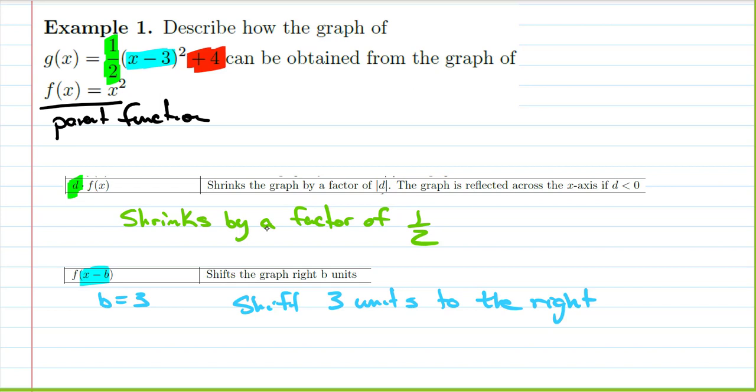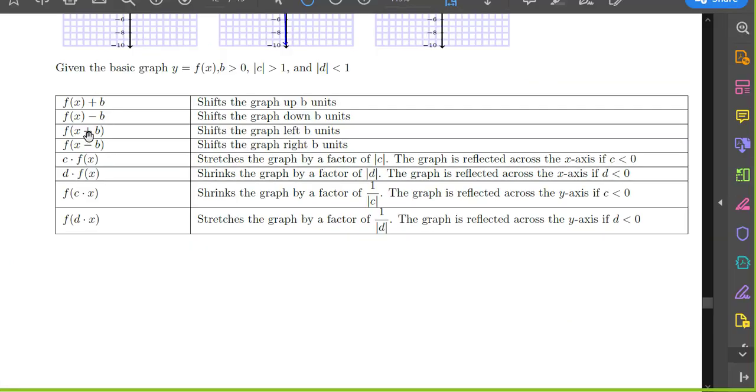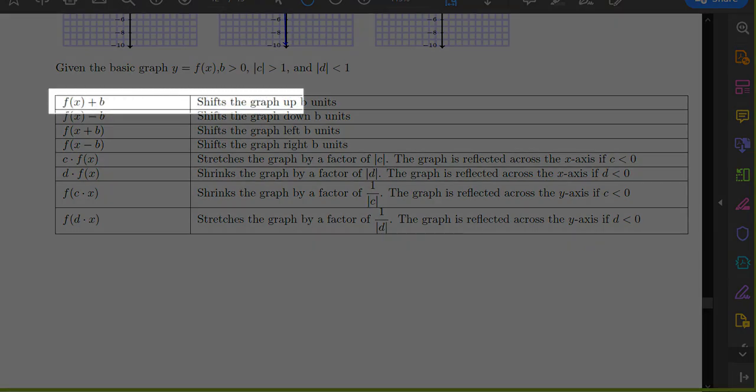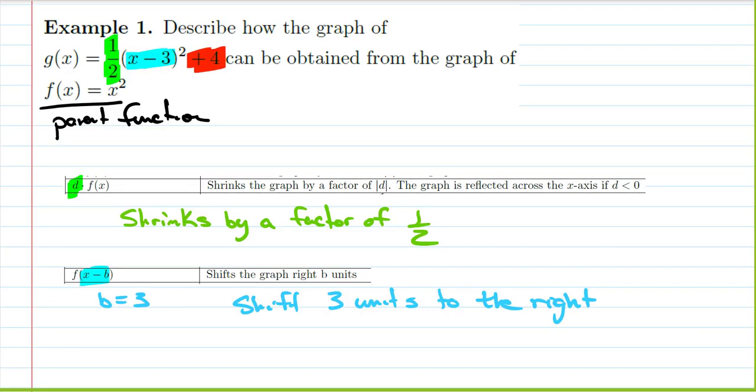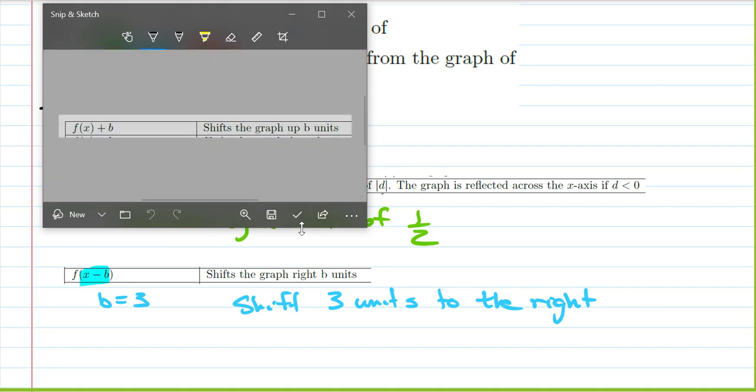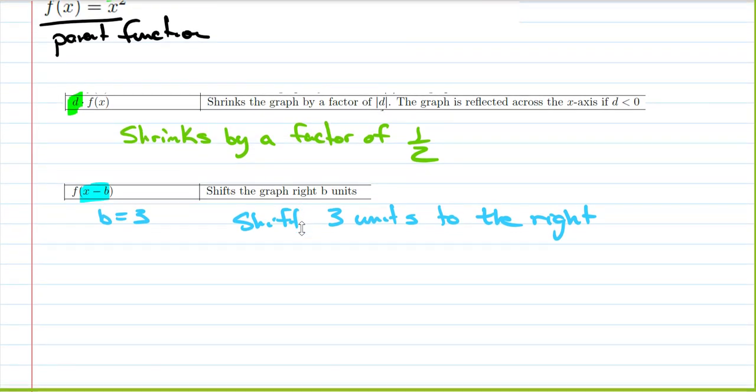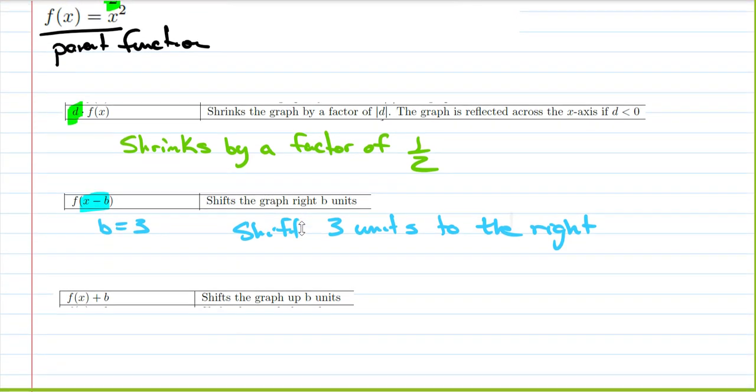And now we have our last part, which is the plus 4. So now we're adding something on the outside. So that's going to be actually the very first row in our table. And we have our plus 4.